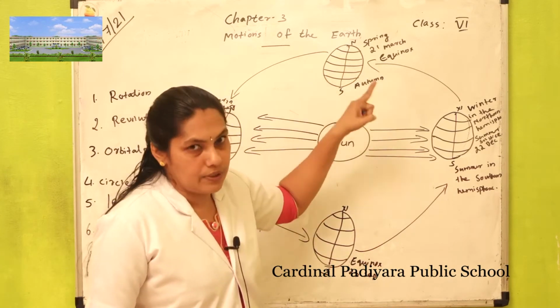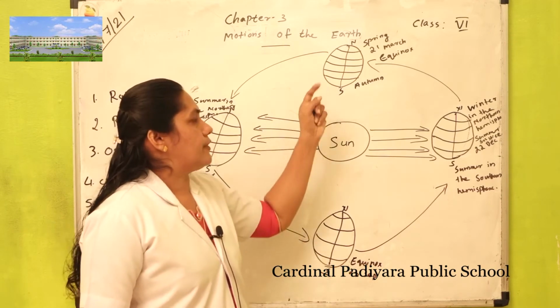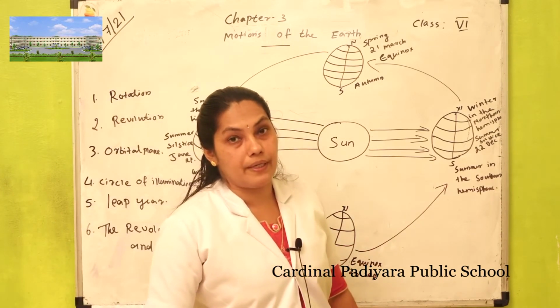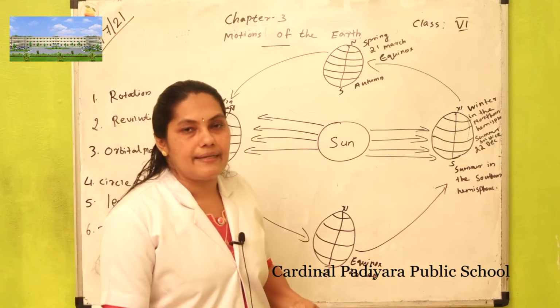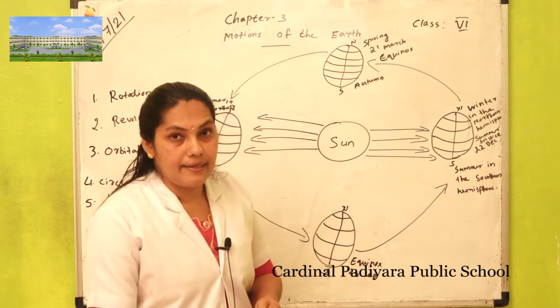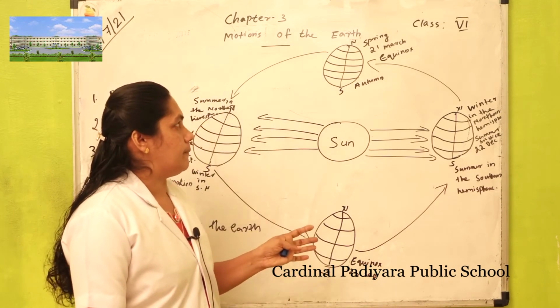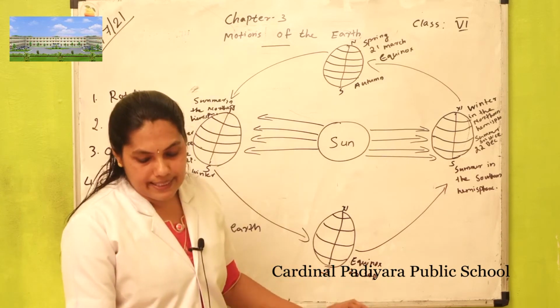Equinox means equal days and nights all over the world. That happens on 21st March and 23rd September.